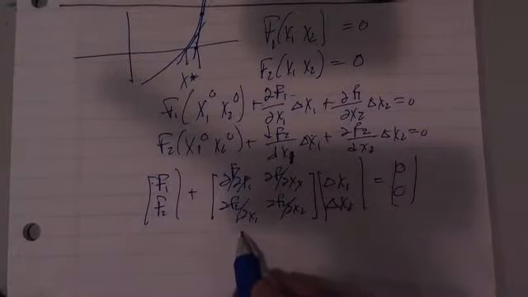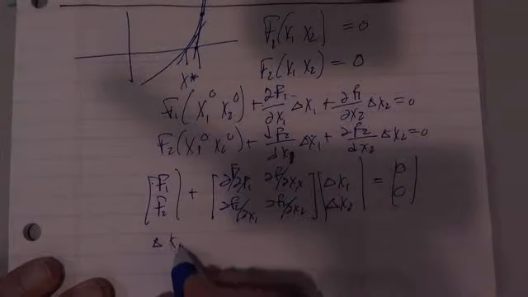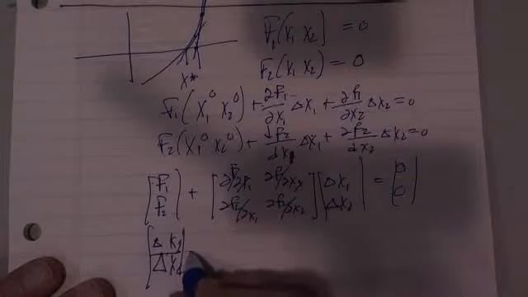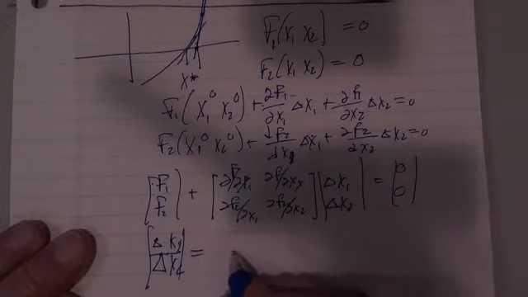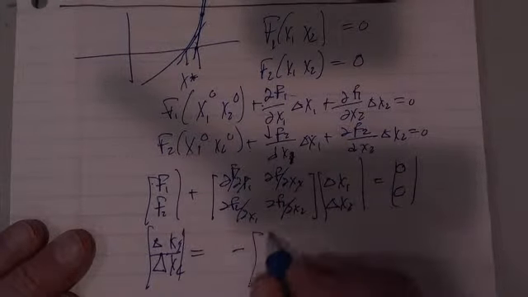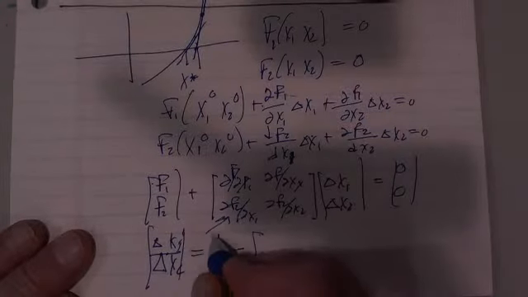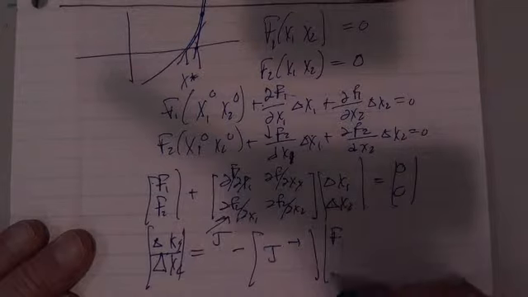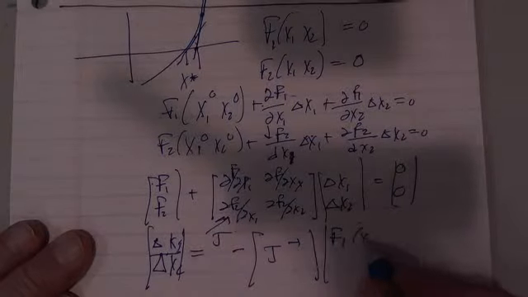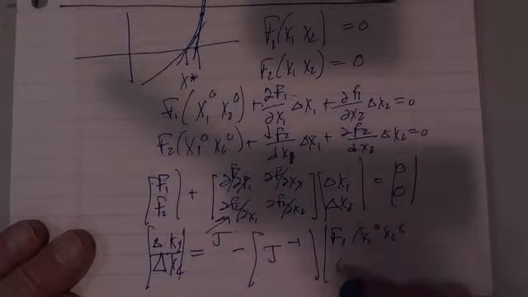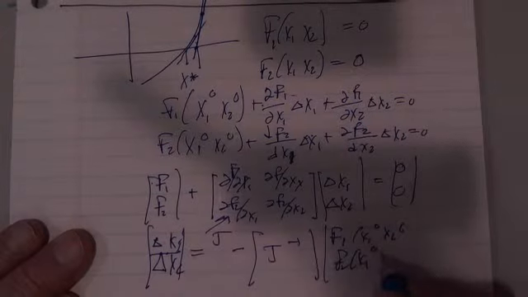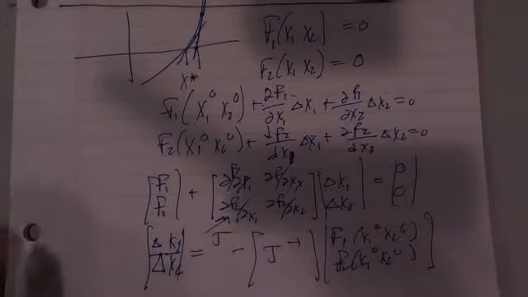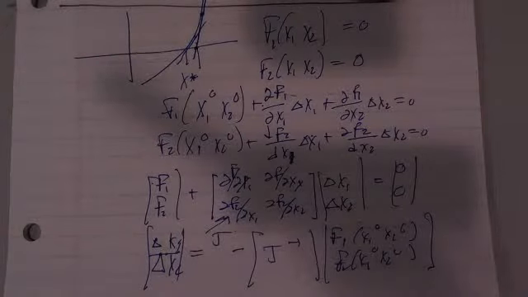And you end up solving this by saying delta x1 and delta x2 is equal to minus this matrix, which I'll just call J inverse, times f1 of x1 0, x2 0, and f2 of x1 0, x2 0. So I can solve two equations simultaneously that way.